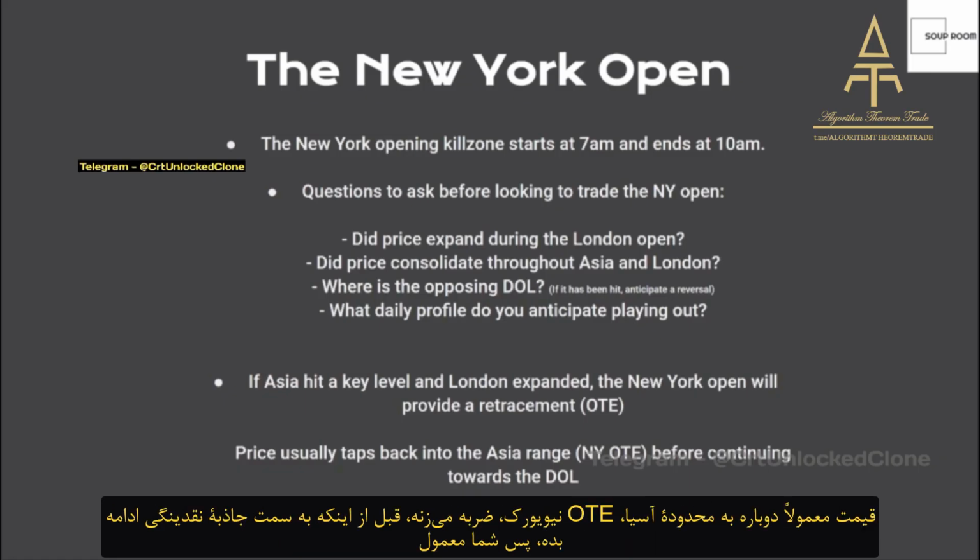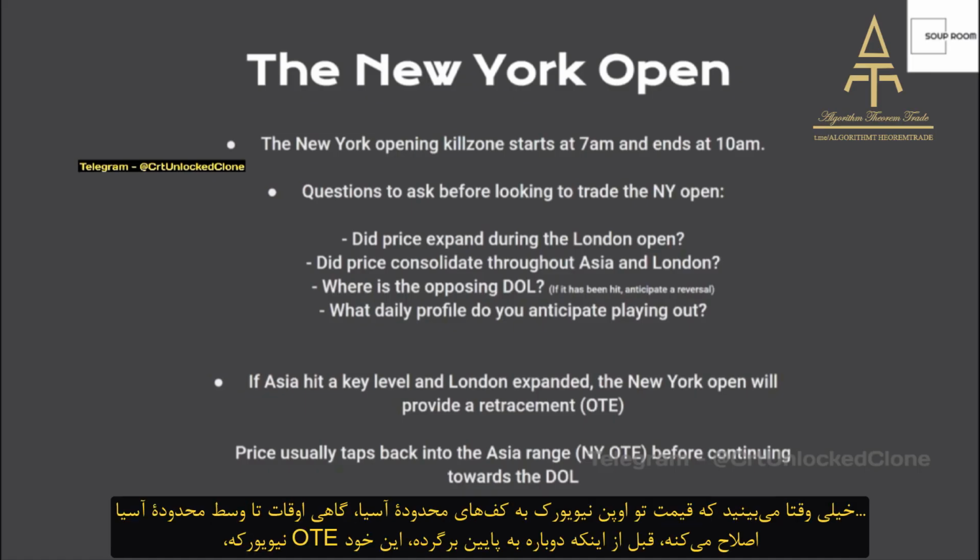Price usually taps back into the Asia range, New York OTE, before continuing towards the draw on liquidity. So you will very often see price retrace during the New York Open into the Asia range lows, sometimes to the midpoint of the Asia range, before reversing back down. That is the New York OTE in itself.